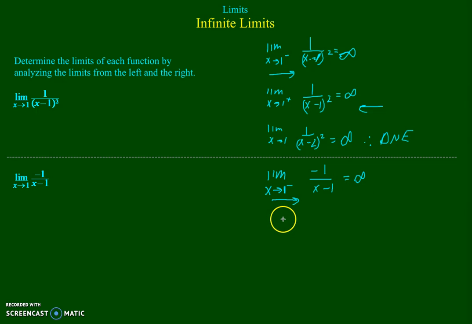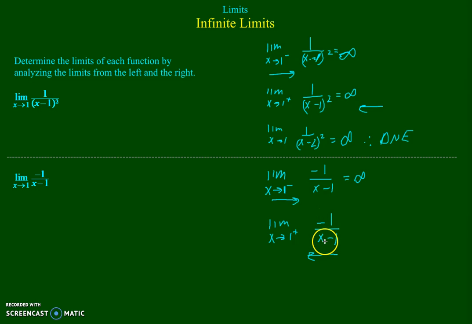Let's go ahead and take a look at this from the right now. Let's look at the right-hand limit. So the limit as x approaches 1 from the right of negative 1 over x minus 1. We're coming at it from the right-hand side, which means x is going to be greater than 1. So a number greater than 1 minus 1 is going to be positive.